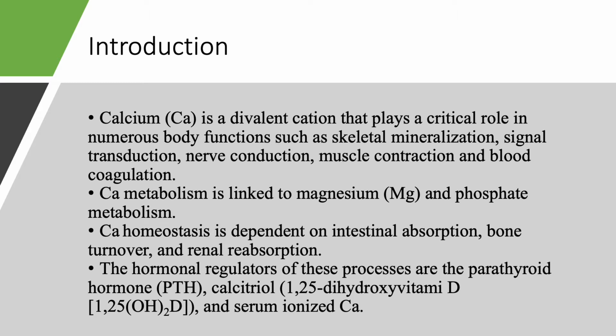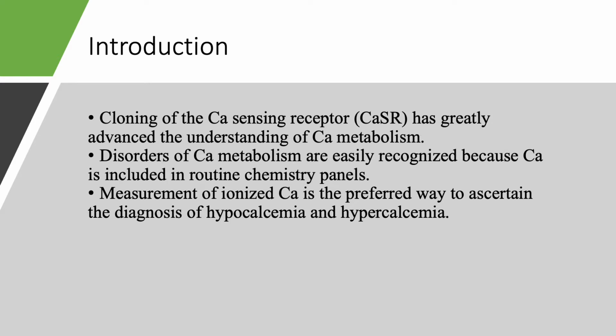Another name for it is 1,25-dihydroxy vitamin D3, and also serum ionized calcium. So these 3 factors regulate calcium. Cloning of the calcium sensing receptor has greatly advanced our understanding of calcium metabolism.